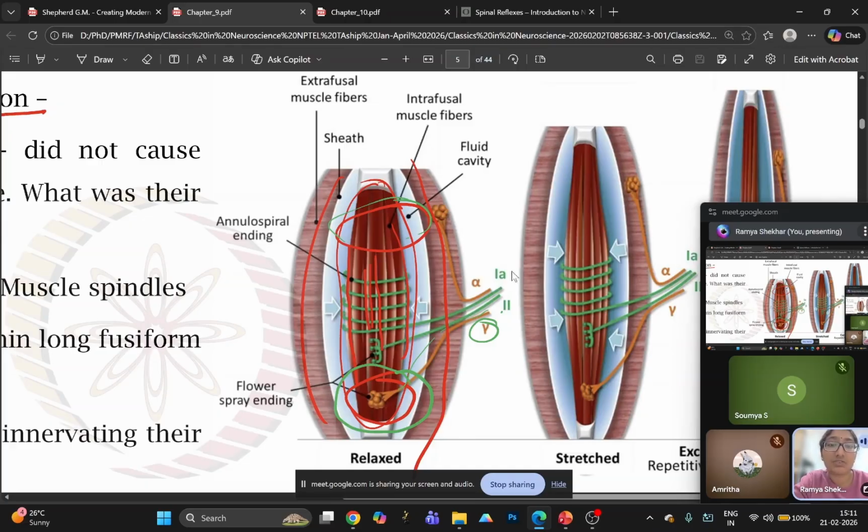These muscle spindles have these 1A and 2 sensory afferents. The stretch information is carried away from these muscle spindles by these 1A and 2 sensory afferents to the spinal cord. That is the function of these muscle spindles. And then there are these gamma motor neurons.